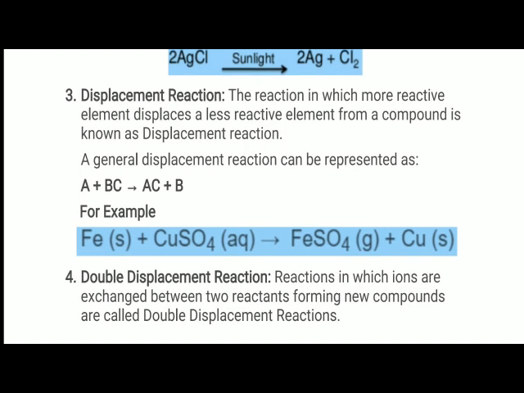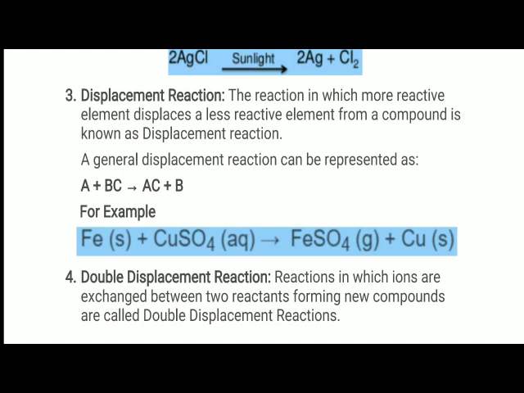In that activity we have seen that after a while the iron nail becomes brownish in color and the blue color of copper sulfate solution fades or becomes light blue, meaning the iron has displaced the copper. And you can see its equation also. The reaction of iron nail with the solution of copper sulfate is a displacement reaction.